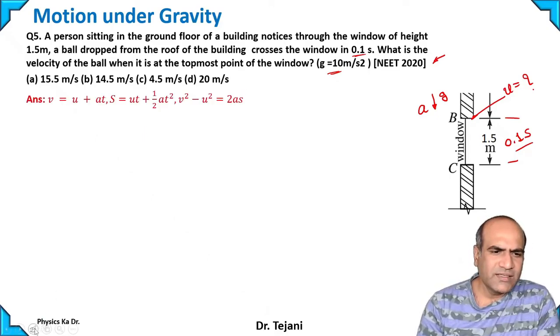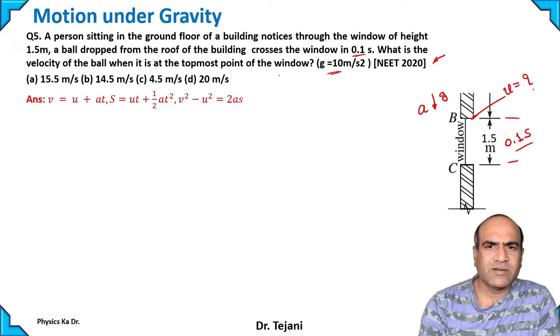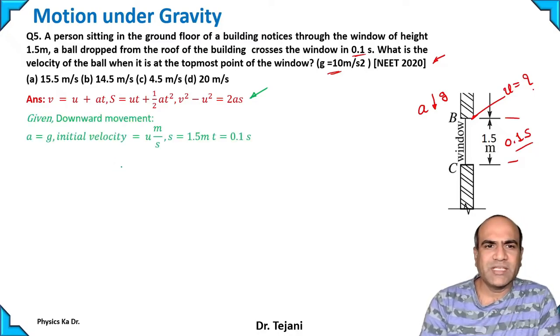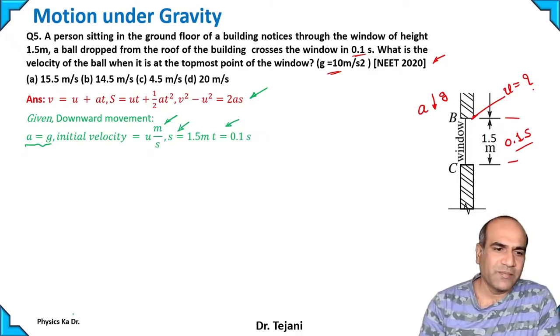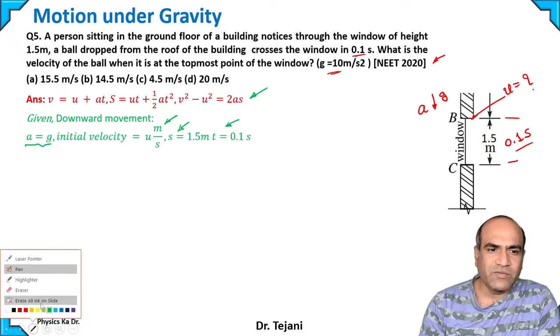Let's solve it. We use the equations of motion. When the movement is downward, we know the acceleration is g, and the initial velocity we assume is u. The distance traveled is 1.5, and t is here. What we need here is the total height.